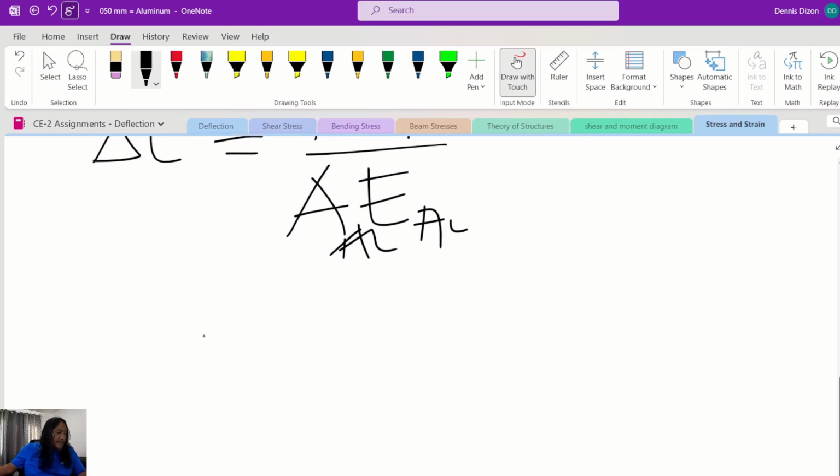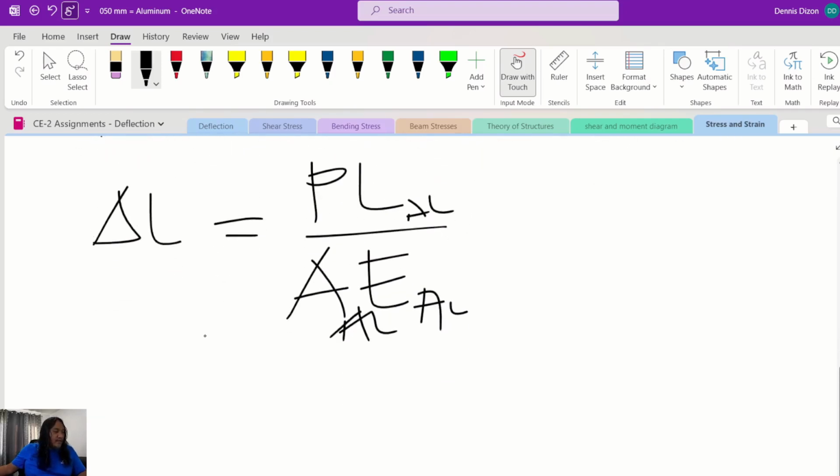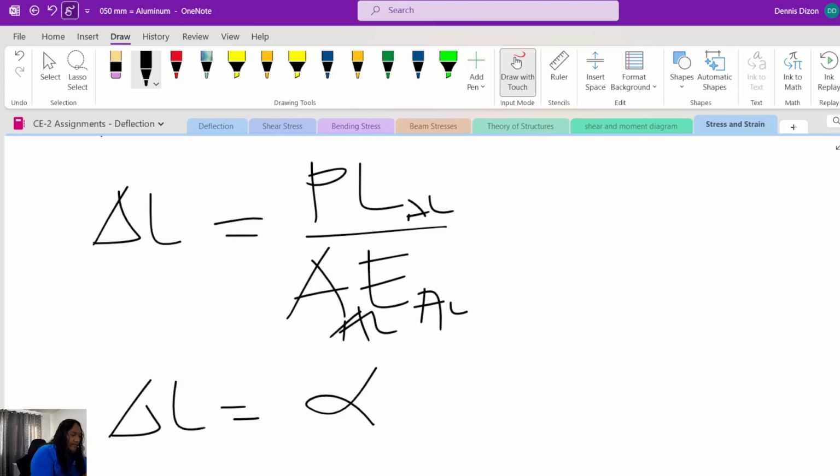Now if this is acted by a change in temperature, the change in length would be alpha times the change in temperature times the initial length. Now, change in temperature could be from positive to negative or negative to positive.